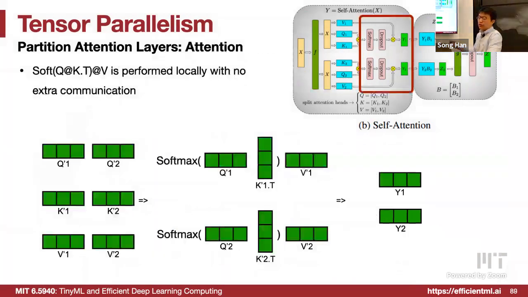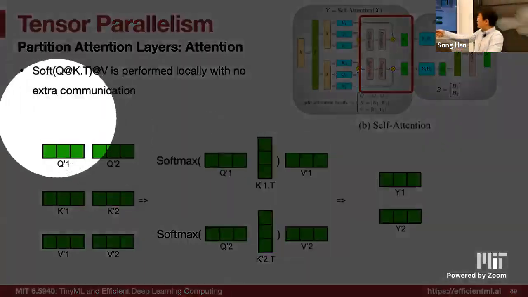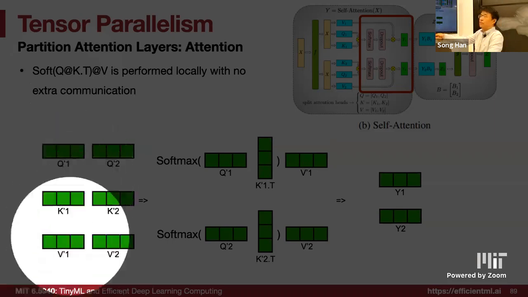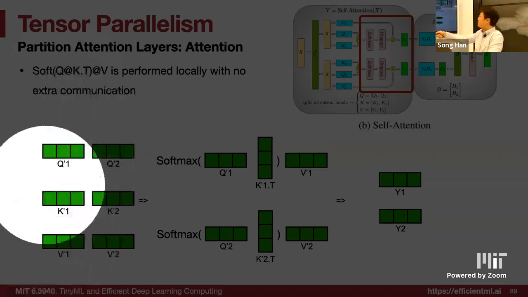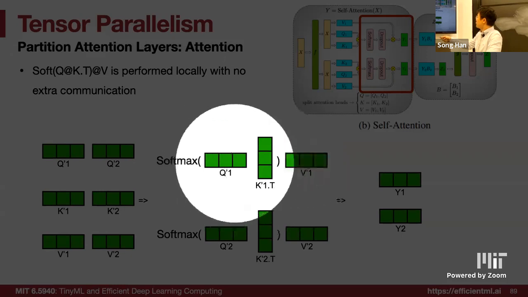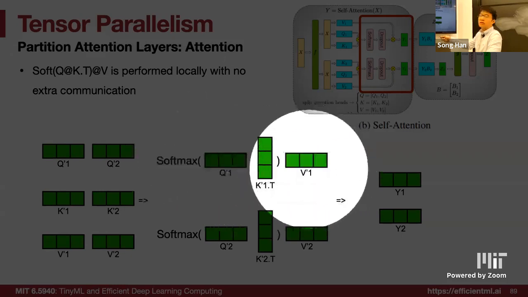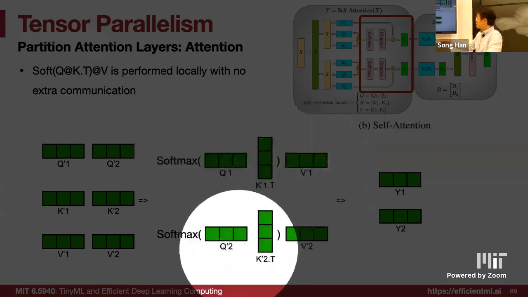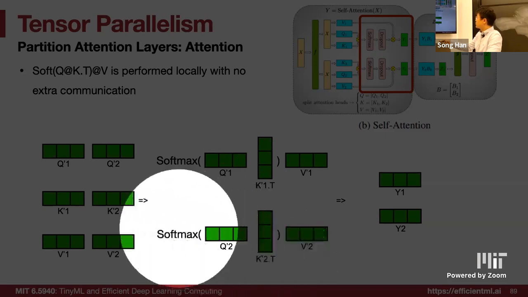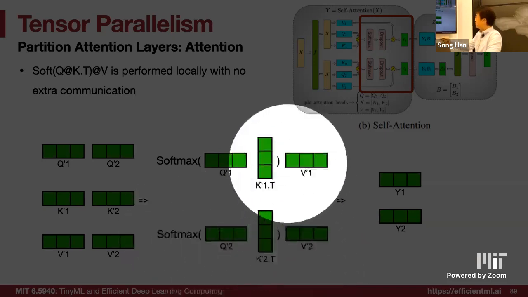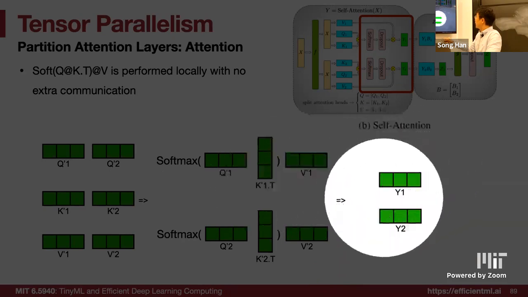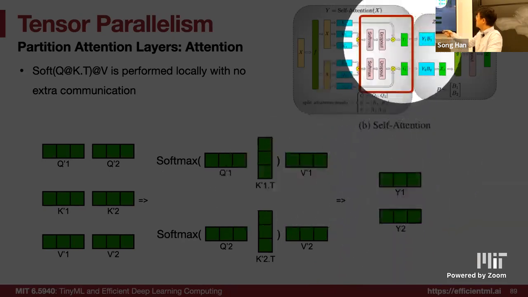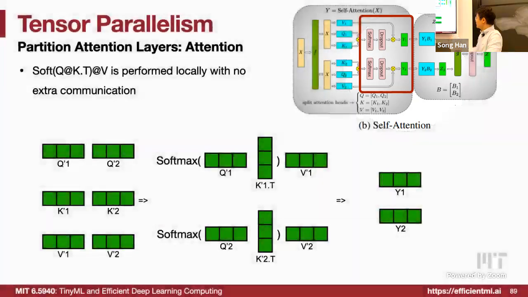So we are doing them separately: for Q1, K1, and V1, we can do QK transpose, softmax, times V, independently of Q2, K2, V2. They are independent. And then we get Y1 and Y2. Corresponding to here, we get Y1 and Y2. So far, no communication is needed.